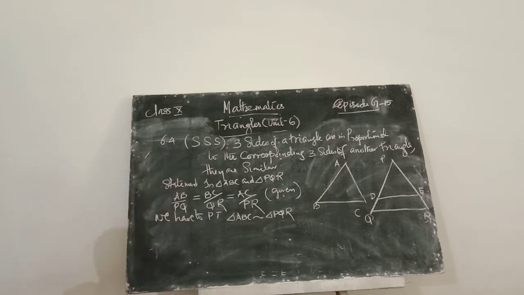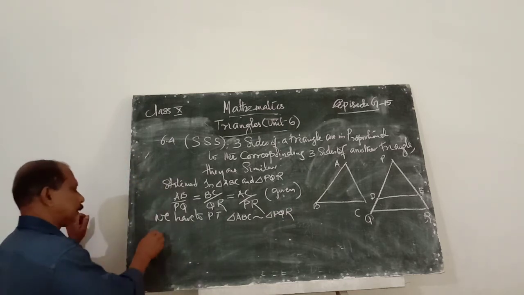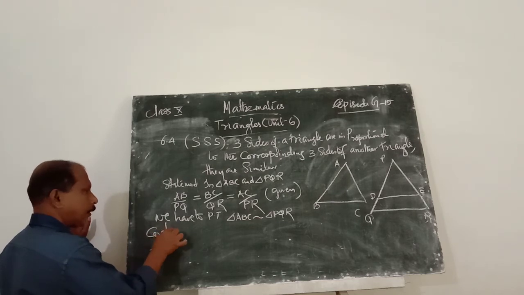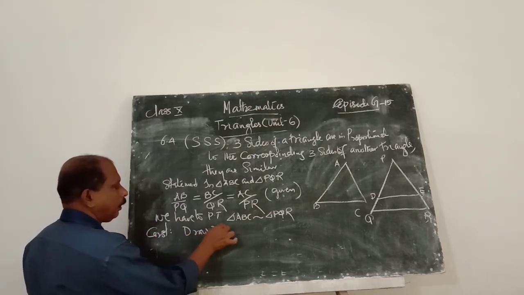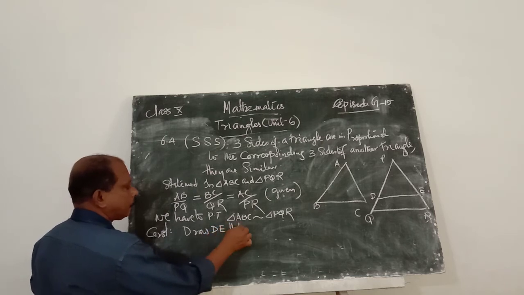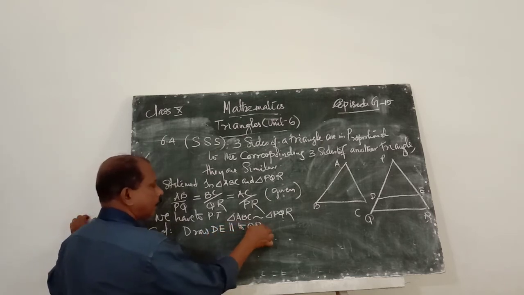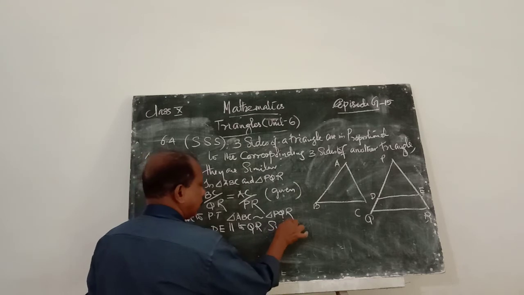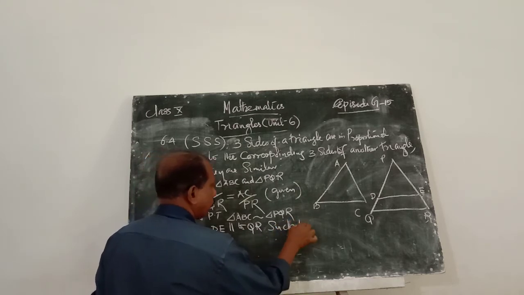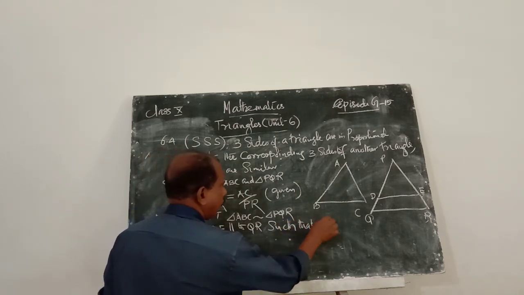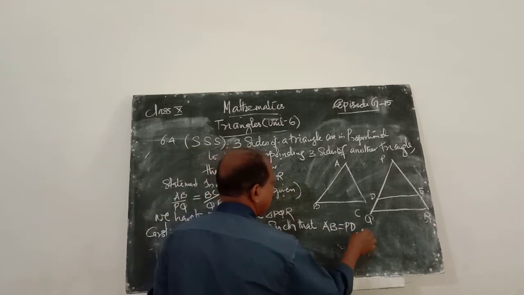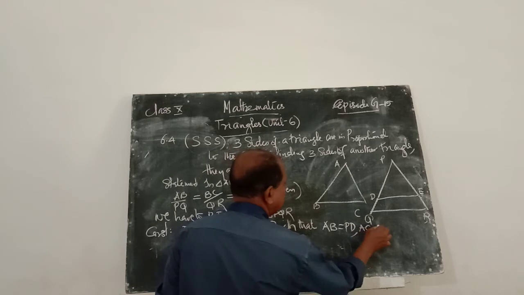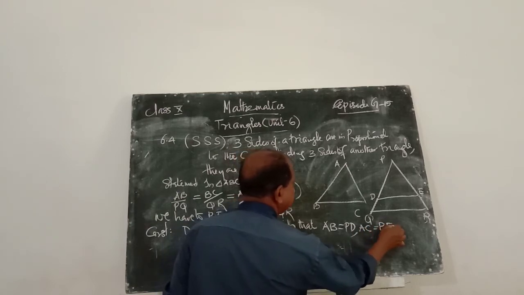Okay. Then construction. Draw DE parallel to QR such that AB is equal to PD, AC is equal to PE.